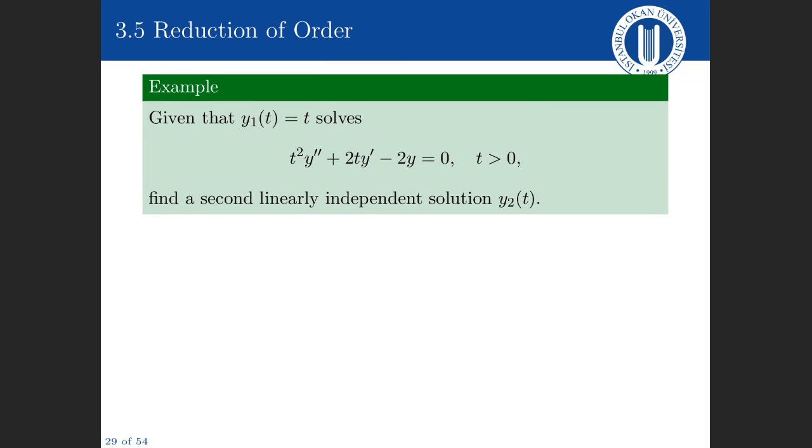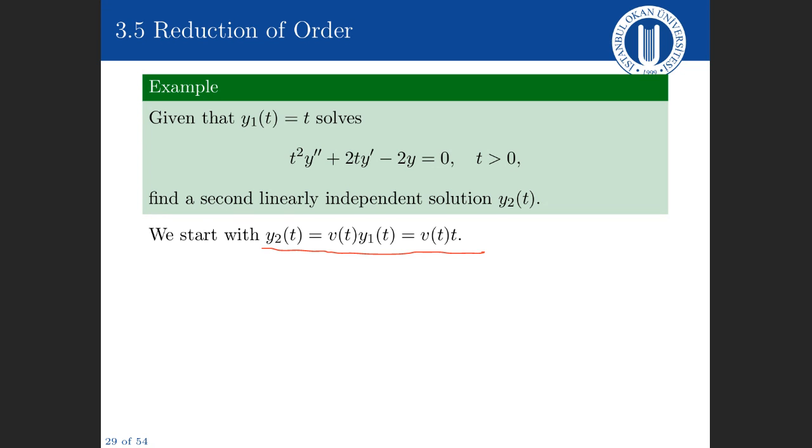Given that t solves t squared y double prime plus 2t y prime minus 2y is equal to 0, find a second linearly independent solution y2. Reduction of order questions, we always start the same way.